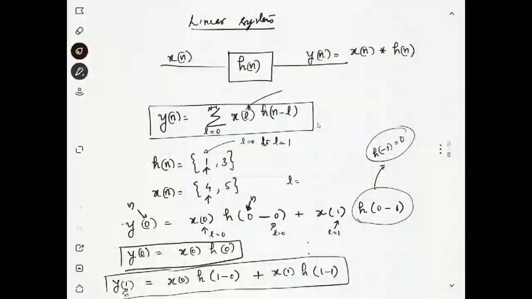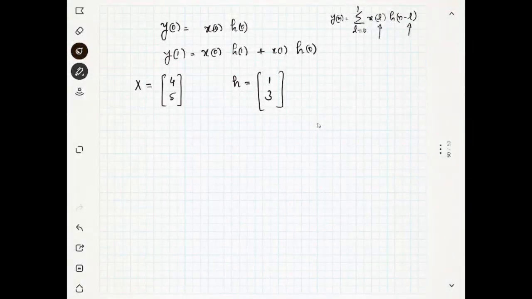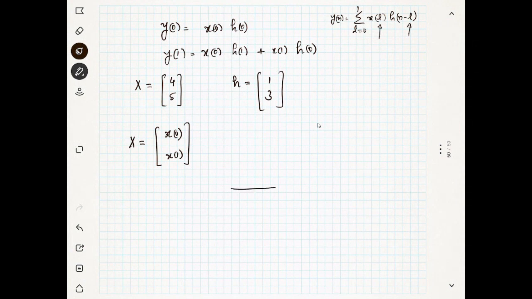H is 1 and 3. Now observe this carefully. My x can be written as x0, x1. Do you agree with me? Yes.